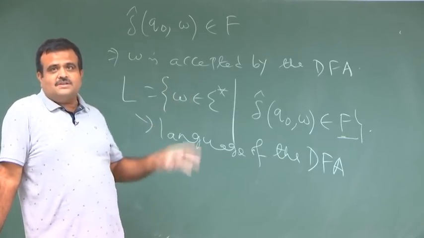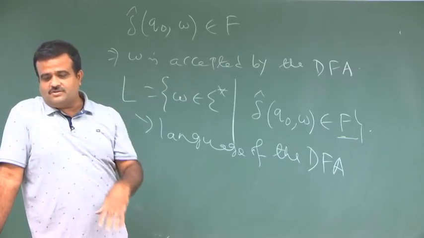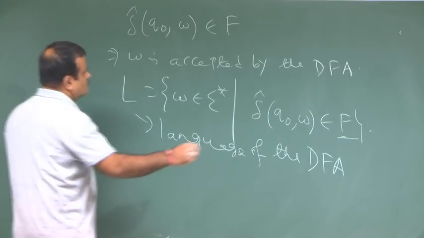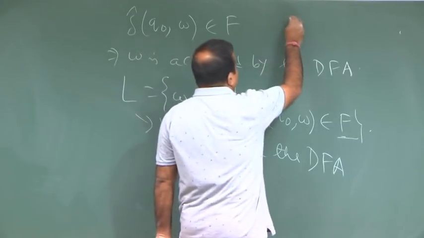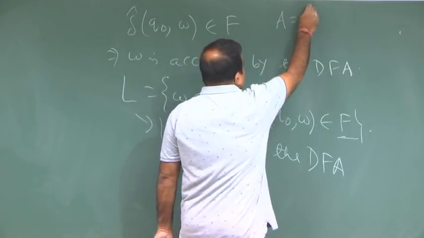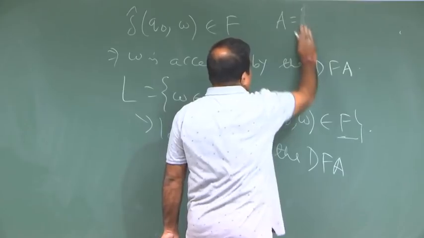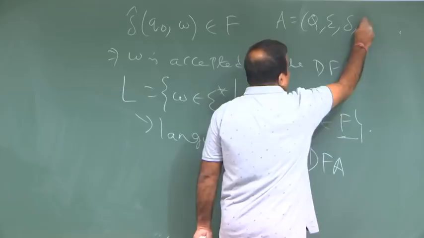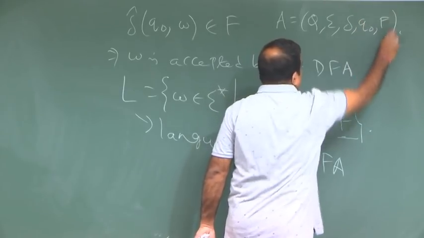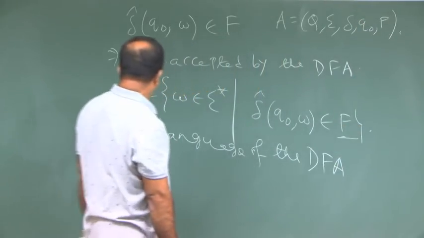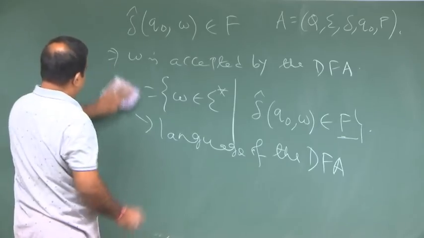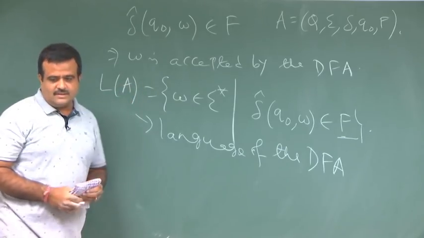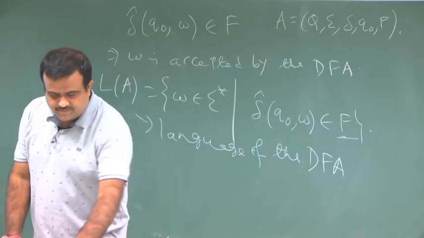The collection of such accepted strings is called the language of the DFA, and this is defined as follows. If our DFA is A, consisting of the 5-tuple Q, sigma, delta, q0, F, then this is called L of A, the language accepted by this DFA.